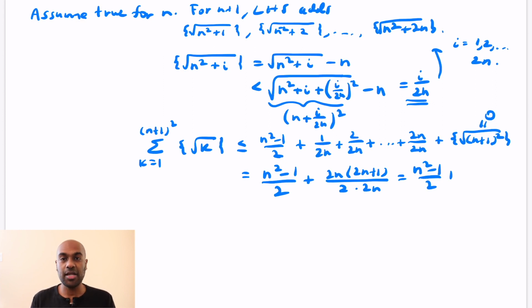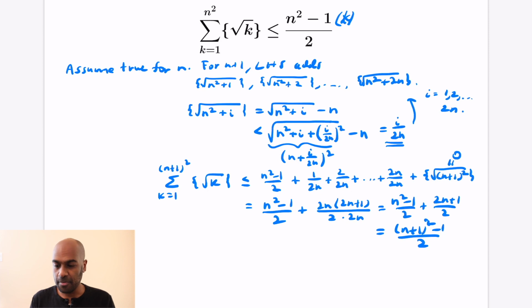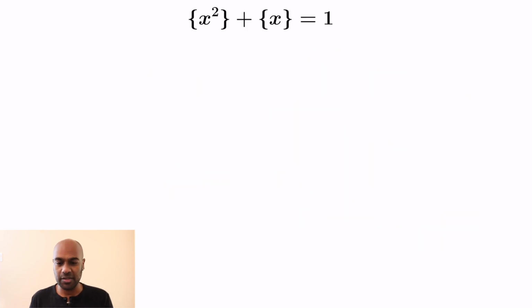So we have (n squared minus 1) over 2, and then we're adding in (2n plus 1) over 2, and if we put that all together, we would get n squared plus 2n, which is the quantity (n plus 1) squared minus 1, in the numerator. So we get an expression that looks exactly like what we wanted for our inductive step.